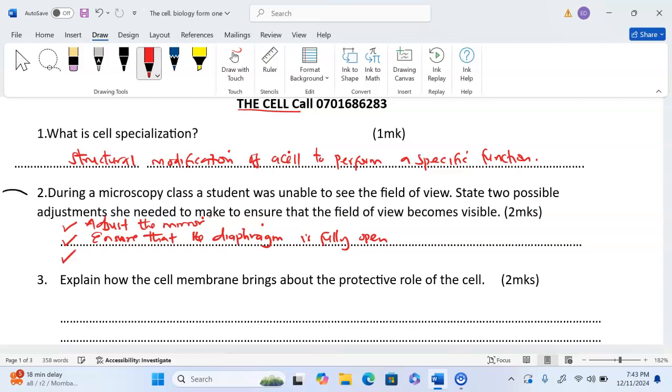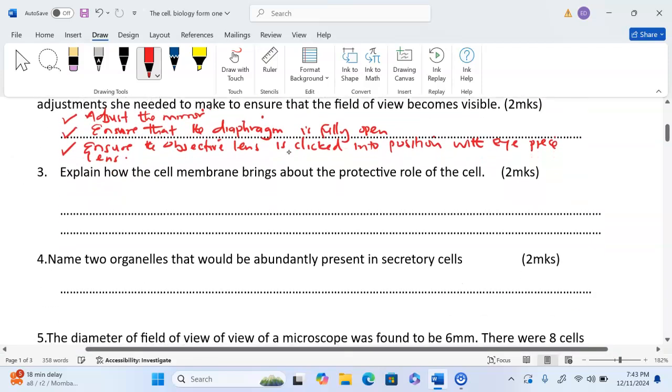She can as well make sure that the objective lens is clicked into position with the eyepiece lens.